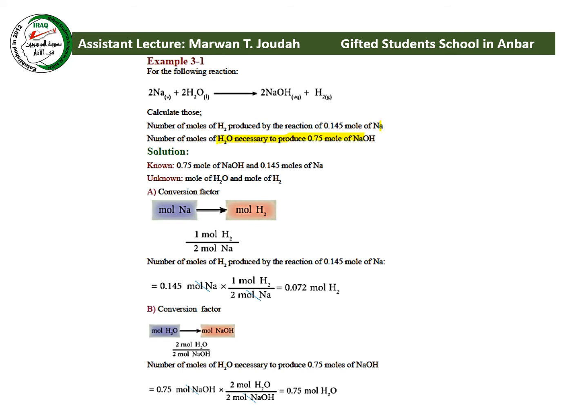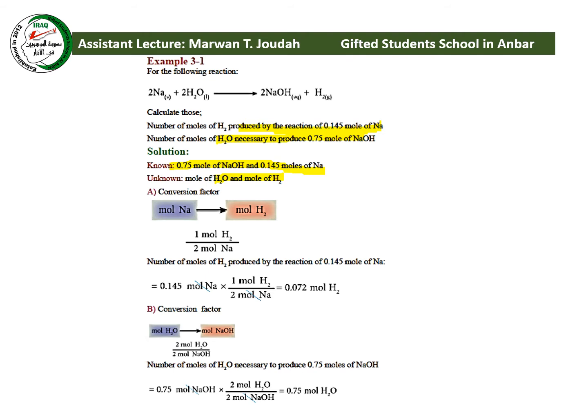These are the requirements. So let's begin. What's known here is the 0.75 moles of NaOH, and 0.145 moles of Na. The unknown is the moles of H2O and H2, the water and the hydrogen gas.